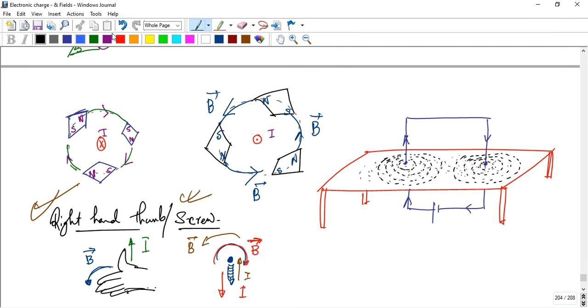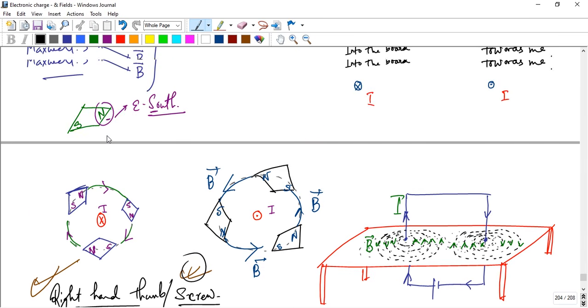Now there is a direction, very important: clockwise. That's the magnetic field B, and that's the current I. Both satisfy the right hand thumb rule or screw rule, relating the magnetic field and current direction. That's very important.